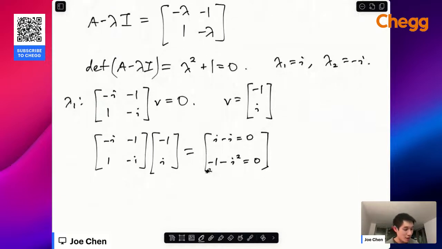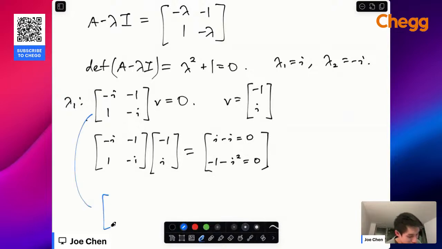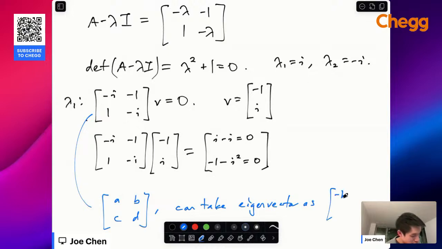So the trick I'm saying is, if this is some matrix like this, then you can take the eigenvector as minus, or okay, I wrote it as b minus a.